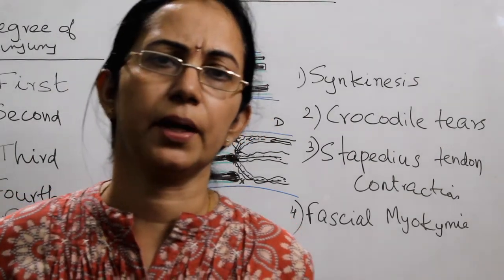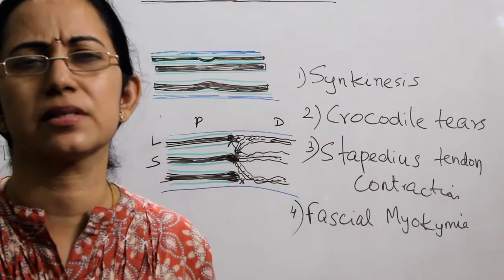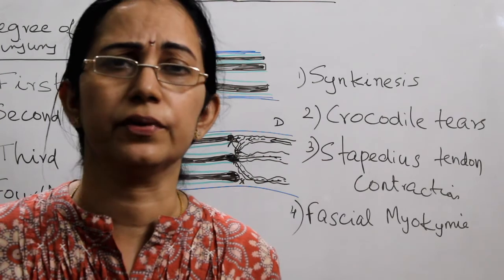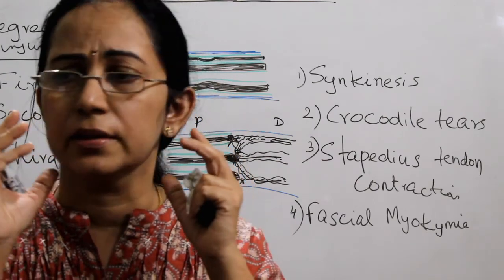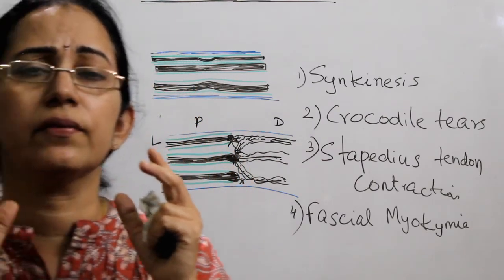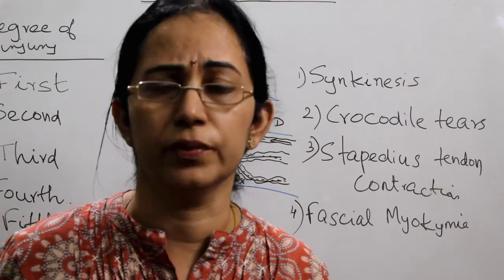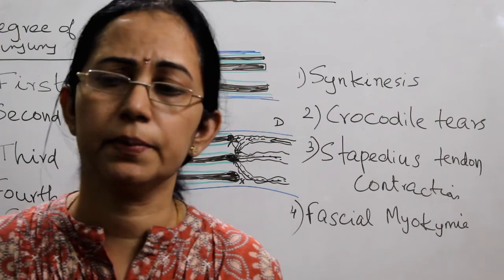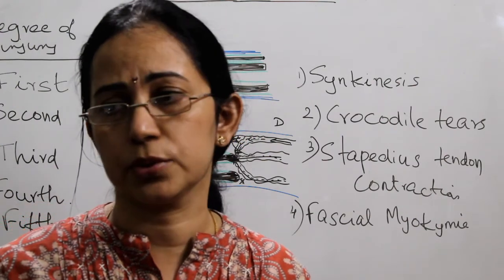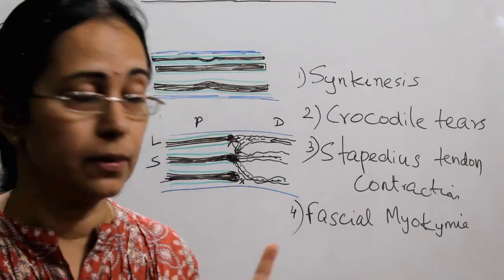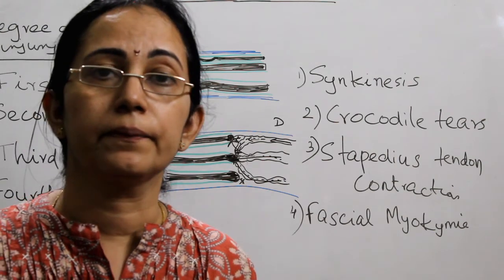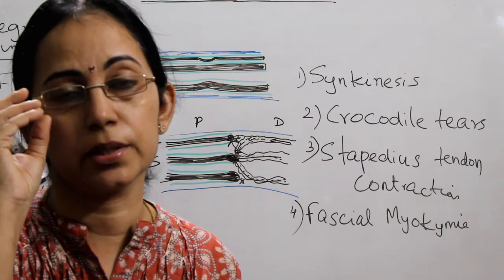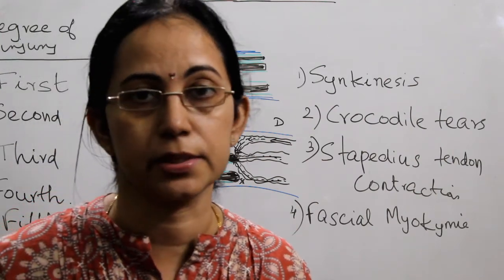What is facial myokymia? It is a very distressing condition. There will be continuous fibrillary movement of the facial muscles, so that the patient will have the appearance of a bag of worms. Usually it is associated with multiple sclerosis and brainstem tumors.